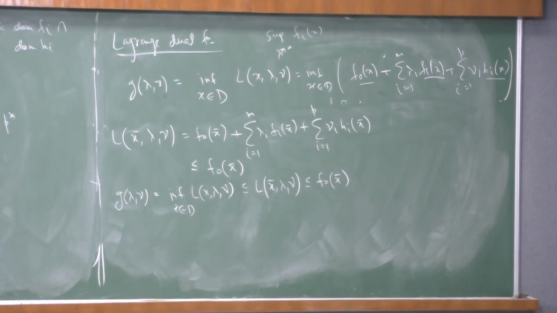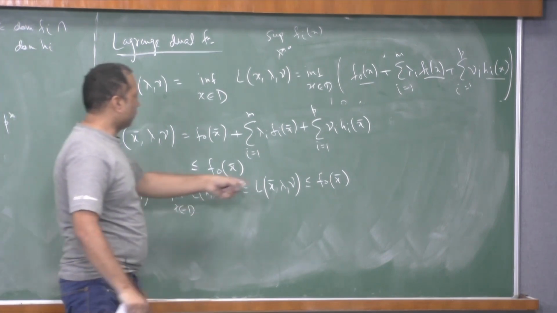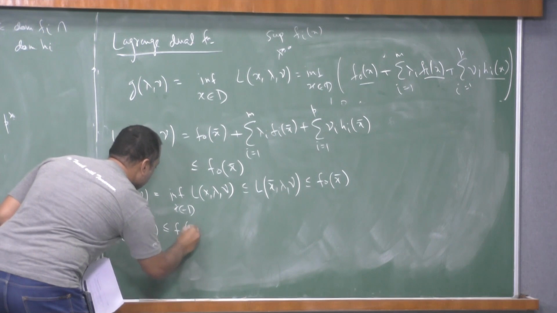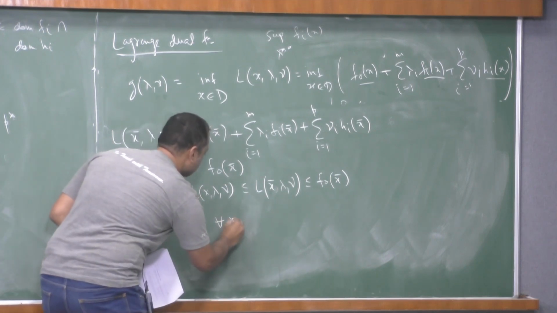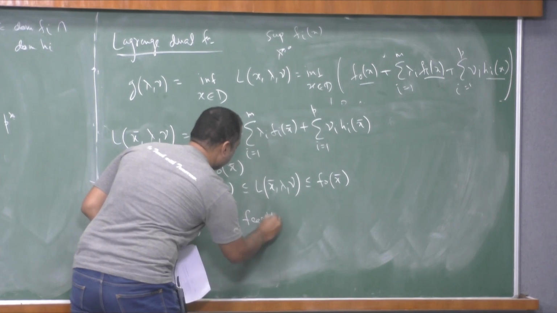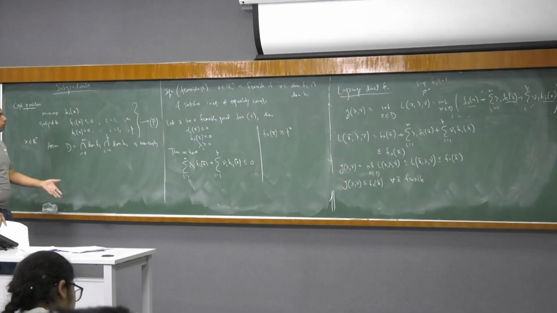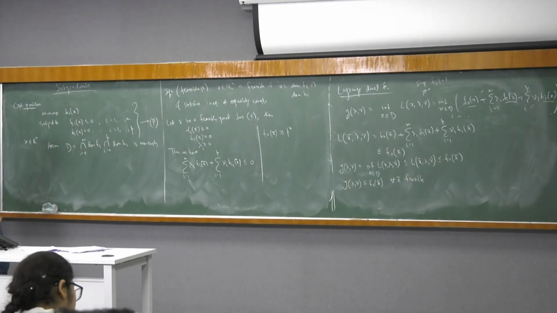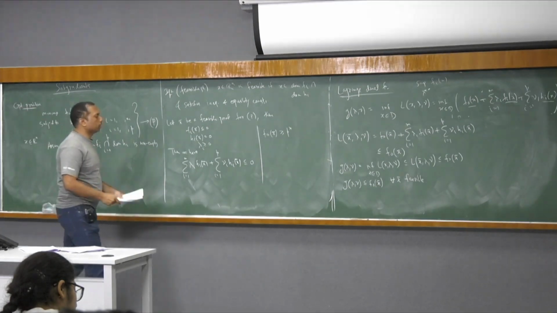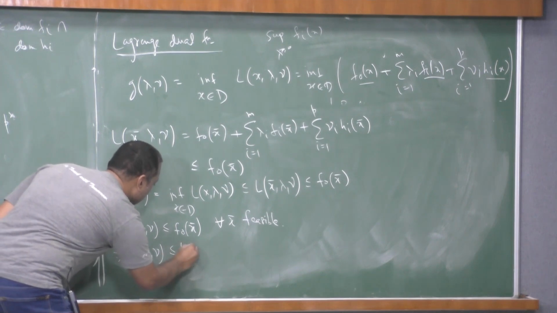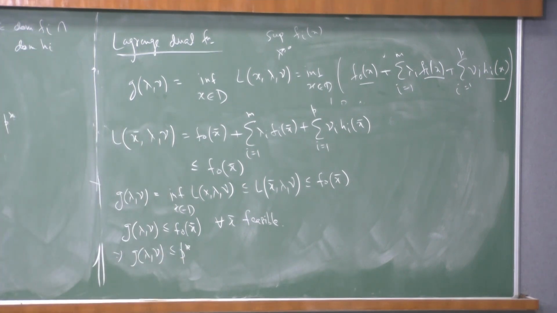So what we have proved is that g(lambda, nu) is less than or equal to f_0(x bar) for all feasible x bar. So this is true for all feasible x bar, so obviously it should be true for the smallest possible also. So this implies that g(lambda, nu) must be less than or equal to p star. p star is the minimum of all possible f_0(x bar).